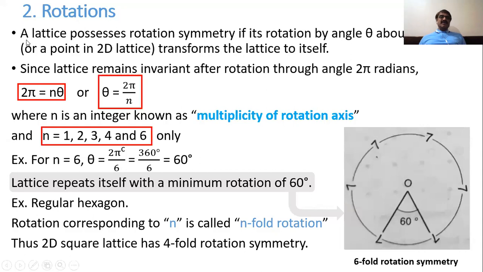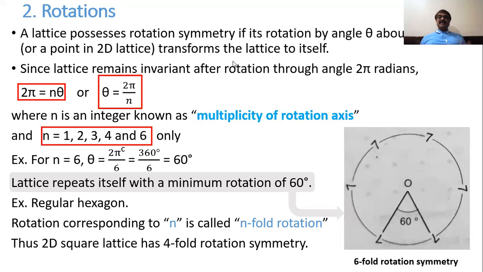Okay, so if you have to define rotation symmetry, then we can define it like this: a lattice possesses rotation symmetry if its rotation by an angle theta about an axis, or in case of two-dimensional, it will not be an axis, it will simply be a point, transforms the lattice to itself.